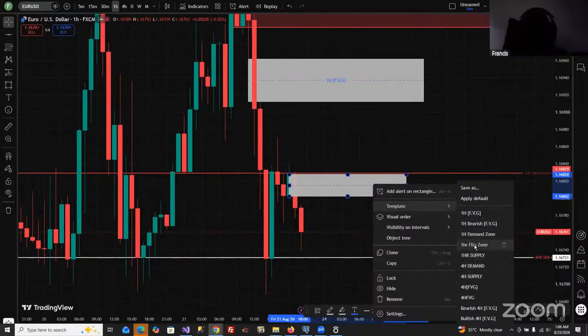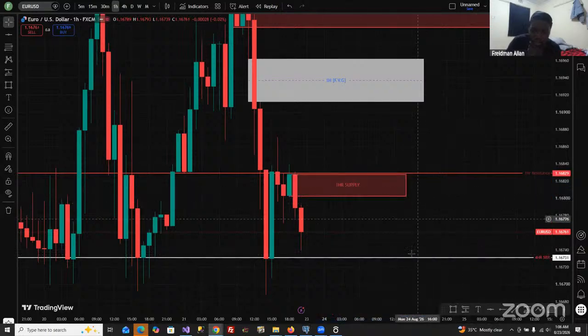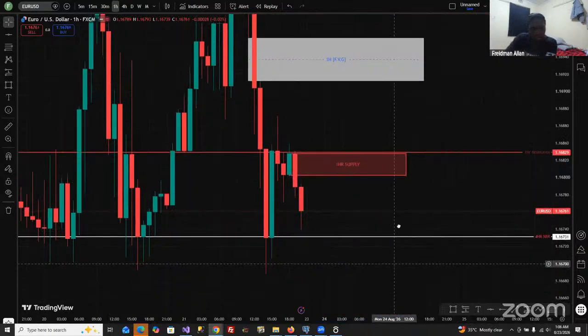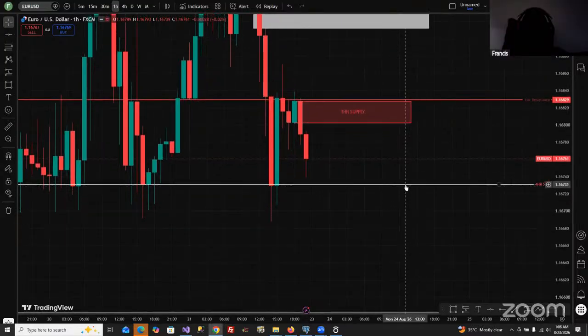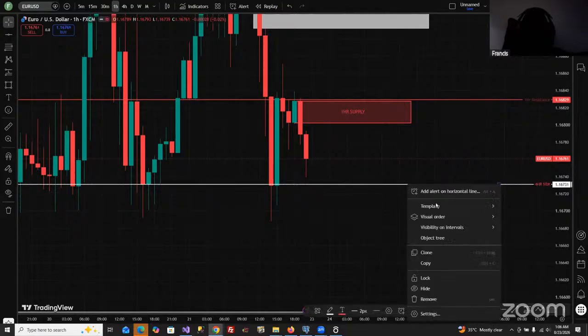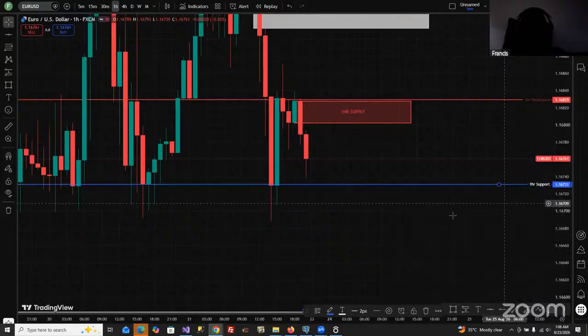One hour, anybody can see 1 hour. Just below you, just below the flip zone. So this one now changes to 1 hour support.